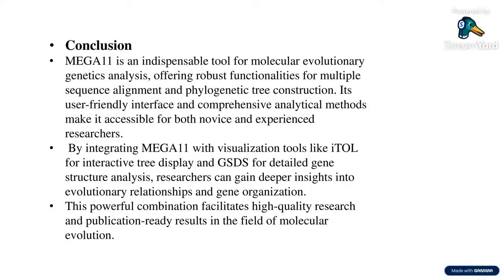If we talk about the advantages of Mega 11, it is easy to use with no coding experience, and has comprehensive algorithms, multiple sequence alignment, and tree building in one place. It is also available for Windows, free and lightweight, and easy to install and run on a standard system.